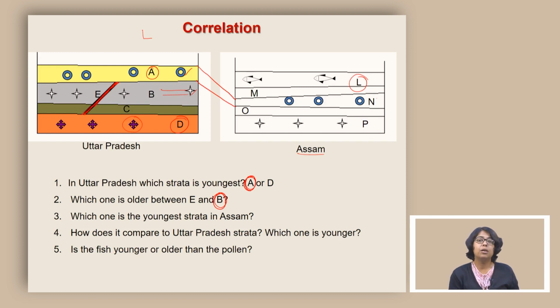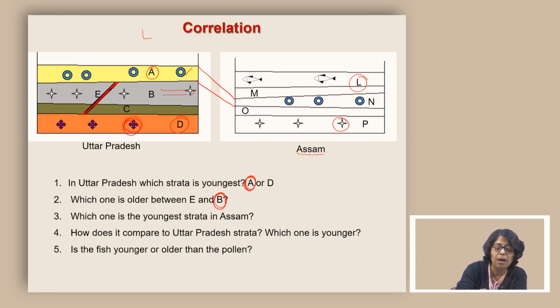If we do this globally, it can also tell us which fossils are always appearing at the bottom and which are appearing at the top once we do all the correlation. So, let us say these are pollens.